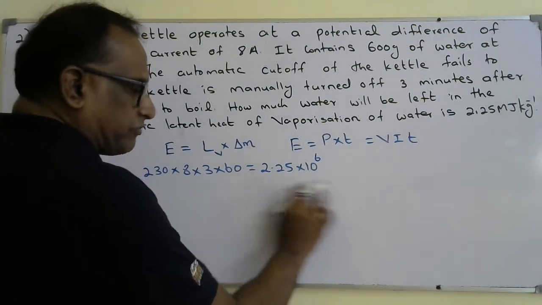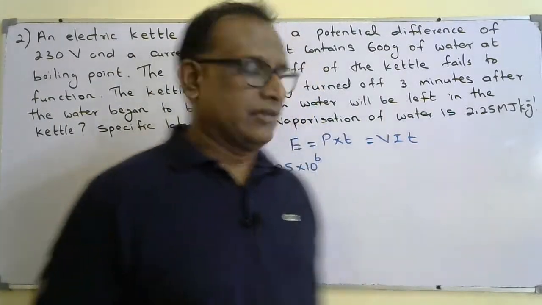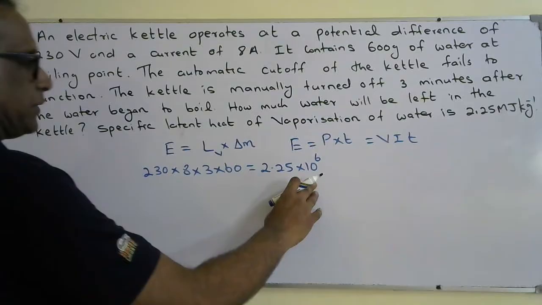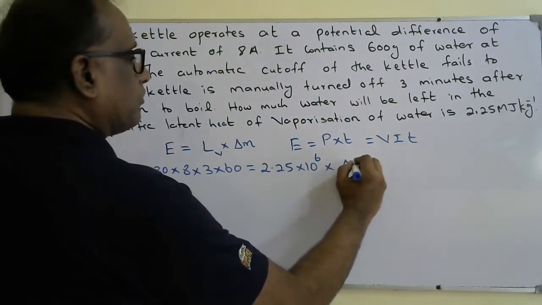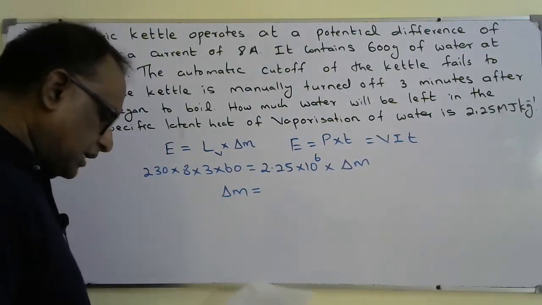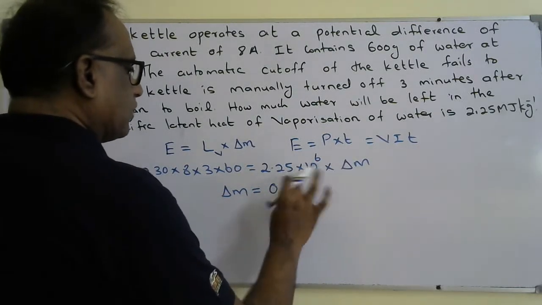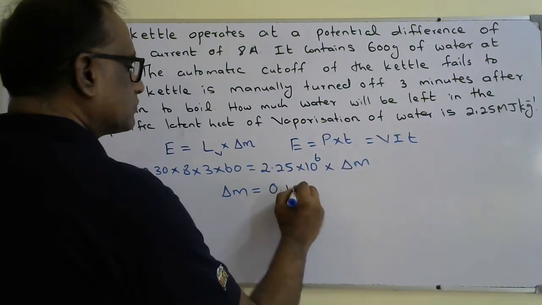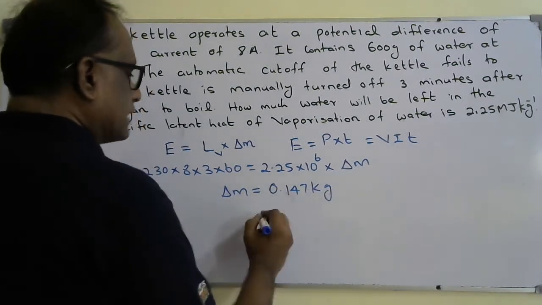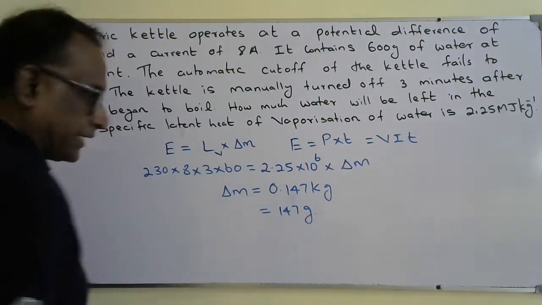The value could be different in some books depending on the impurity, but anyway. So 2.25 times 10 to the power 6 times delta M gives the mass of water vaporized. Delta M you'll get is 0.147 kilogram. That means 147 grams will be vaporized.